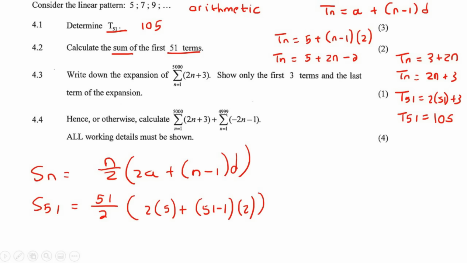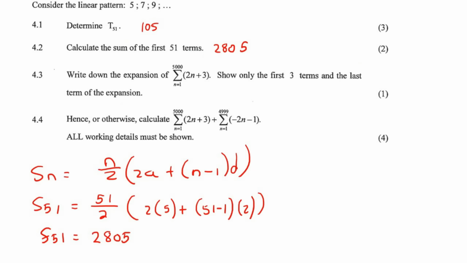Go ahead, type this all in on your calculator, or do it in your head if you're cool like that, but I wouldn't advise it. And that's going to give us 2,805. So the sum of the first 51 terms is 2,805.